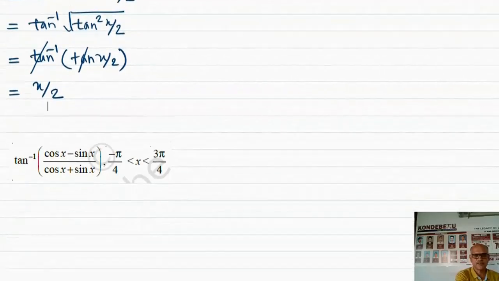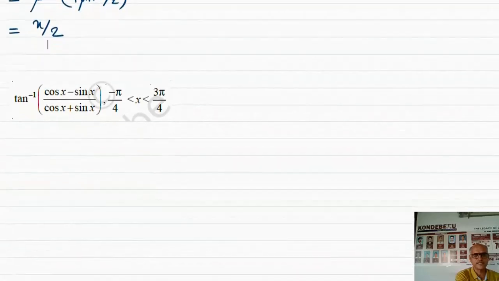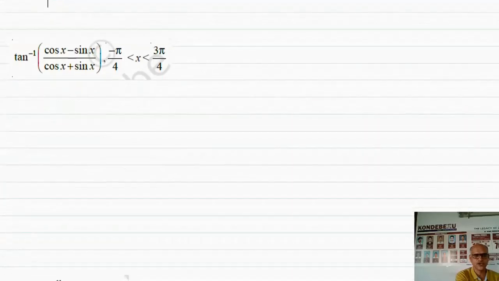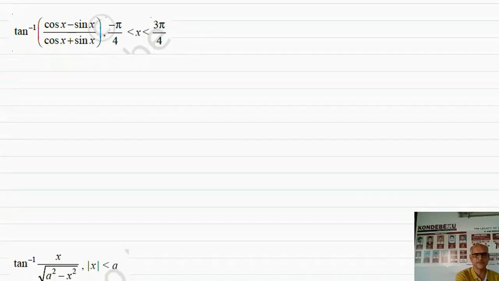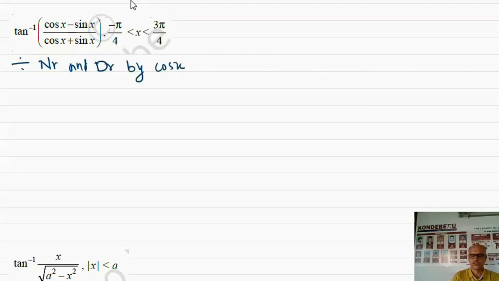Again, in the previous problem we had inside the tan inverse bracket cos and sin, so divide numerator and denominator by cos x. If I divide numerator and denominator by cos x, inside tan inverse bracket, cos gets cancelled.